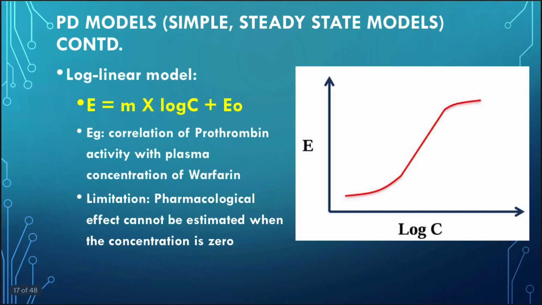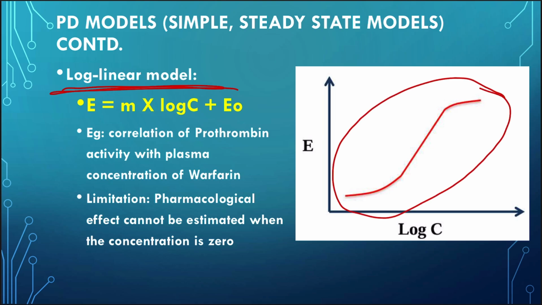Now coming to the next one, the log linear model. As you can see here, in the log linear model we get a somewhat sigmoidal graph. Here we have log C, and on the y-axis we have the effect. Initially, when we increase the concentration, the effect increases slowly.